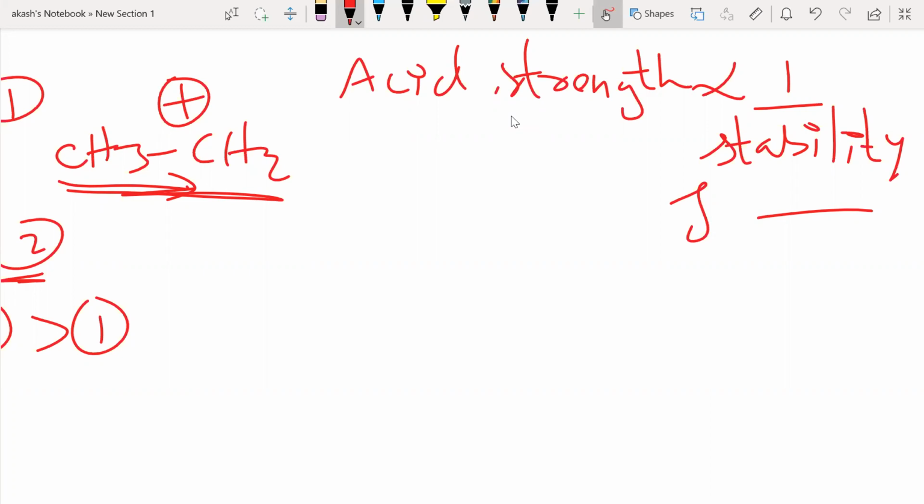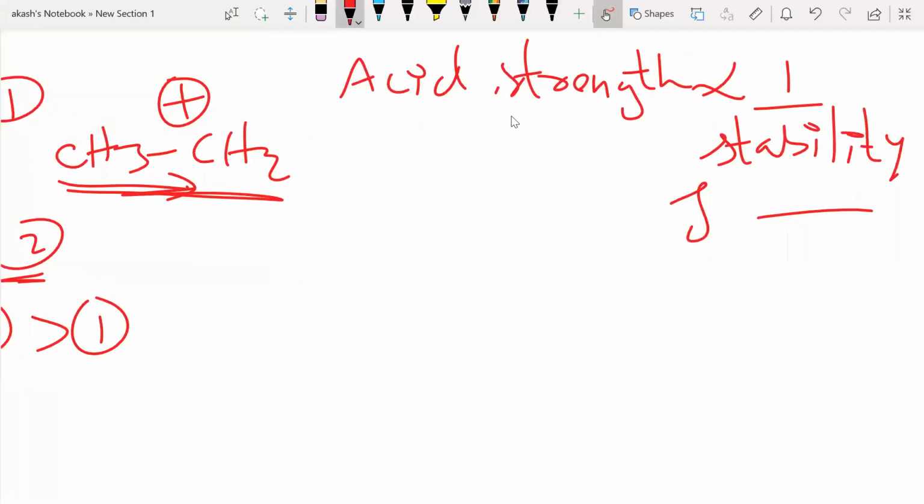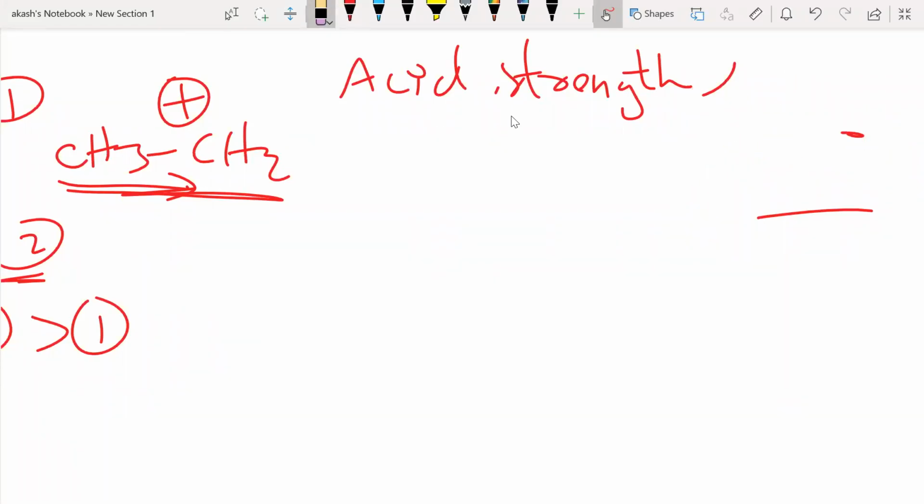Based on what did I say that? There must be at least one person to remember this. Acidic strength is directly or inversely proportional to this. Sorry, it's not inversely proportional. I'm really sorry, guys. It's directly proportional.